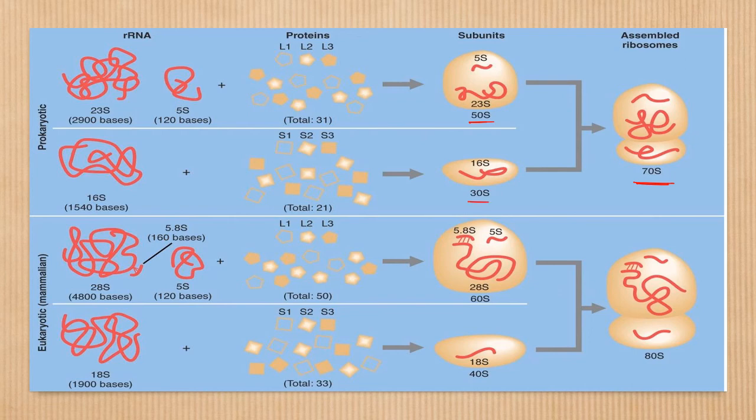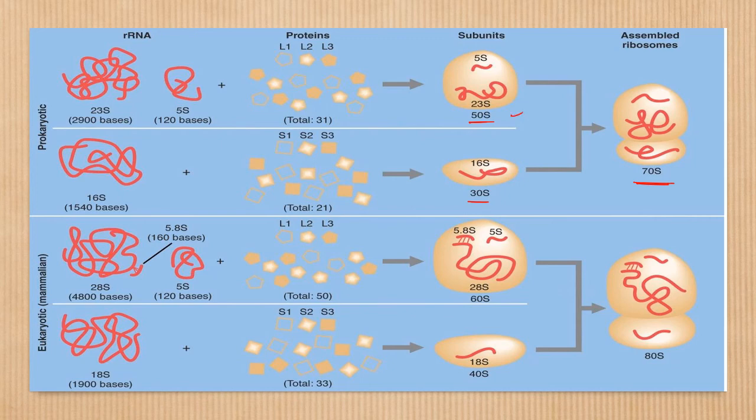Now the larger subunit is assembled with 23S RNA as well as 5S RNA. The 23S unit consists of 2900 bases and 5S RNA consists of 120 bases. All these plus 31 ribosomal proteins assemble to form the large subunit.